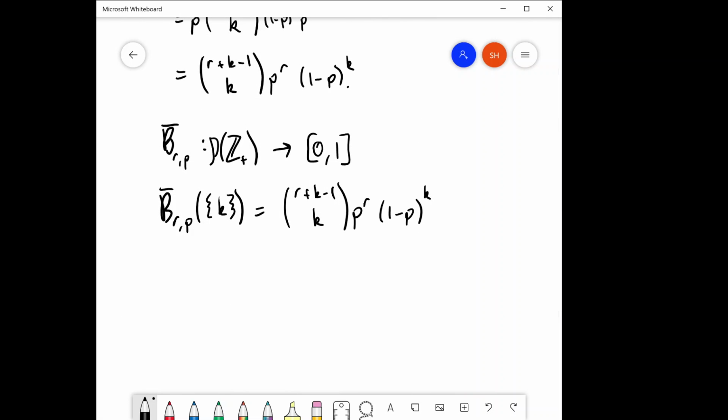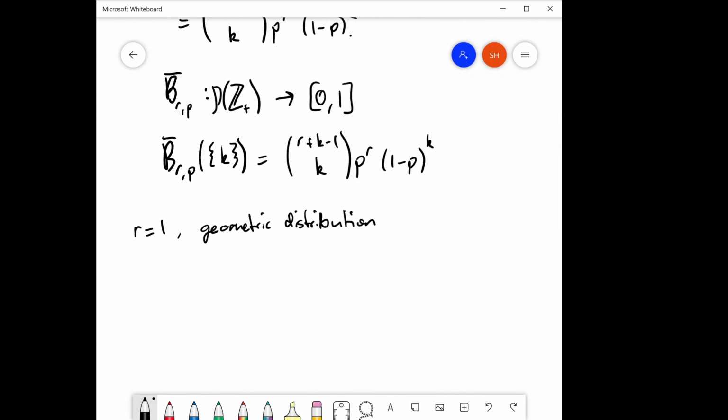A special case of this, before we get into the general thing, is where we take r to be 1. This gives us the geometric distribution. This would ask, how many white balls do we pick up? How many steps do we have to go before we pick up our first red ball?